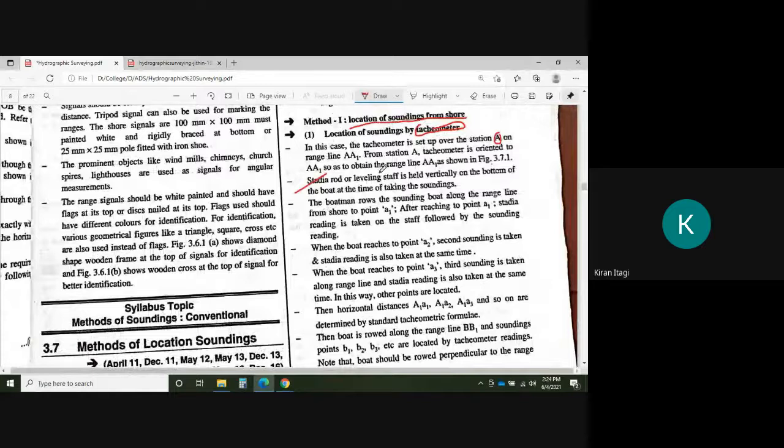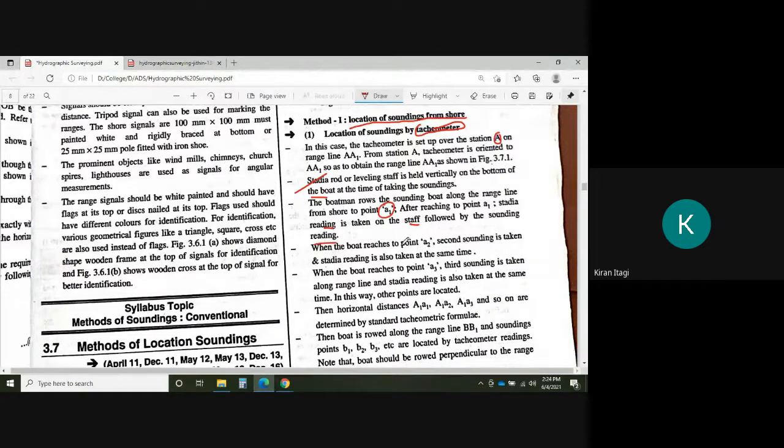So the stadia hair or leveling staff is held vertically on the bottom of the boat at the time of taking sounding. The boatman rows the sounding boat along the ranging line from the shore to the point A1. After reaching point A1, the stadia reading is taken on this staff, followed by the sounding reading.